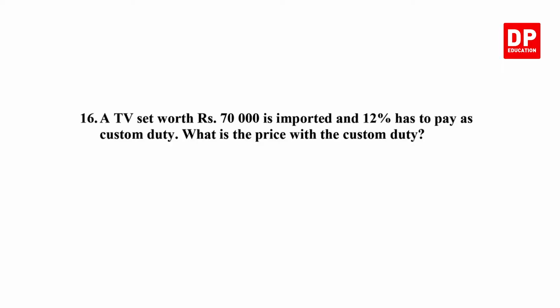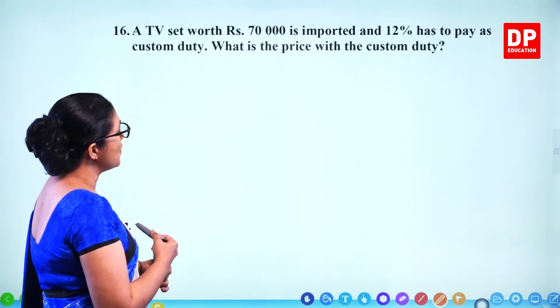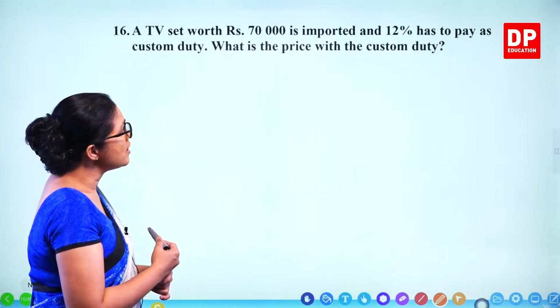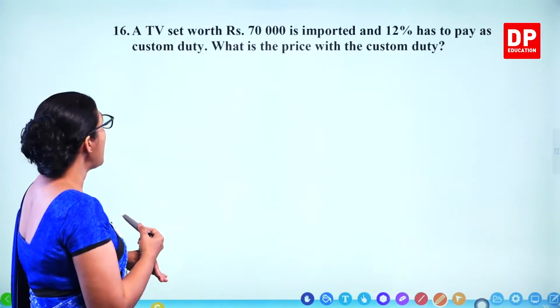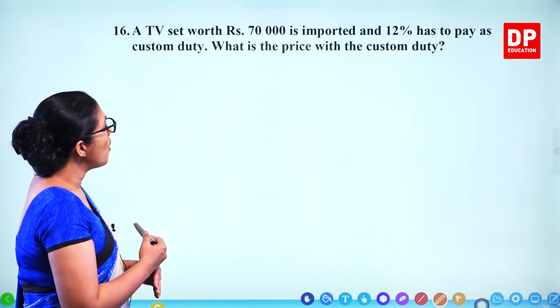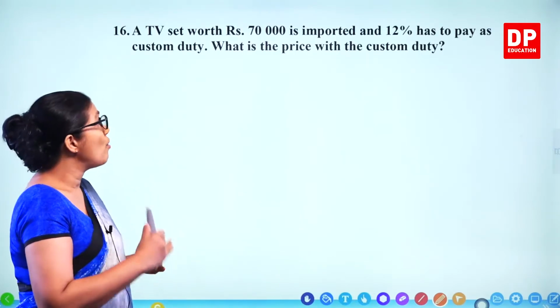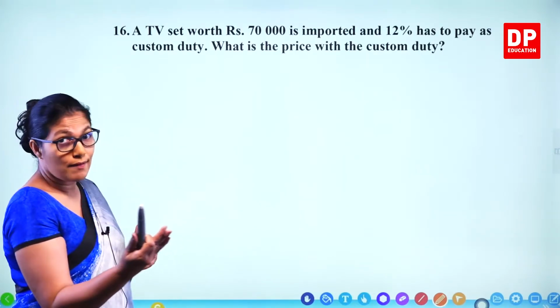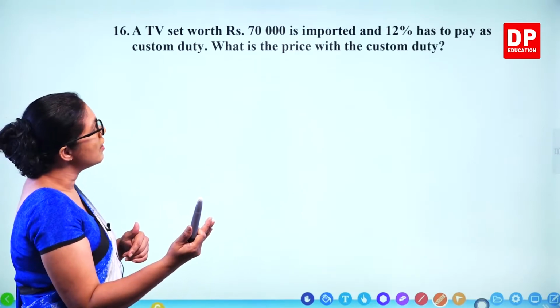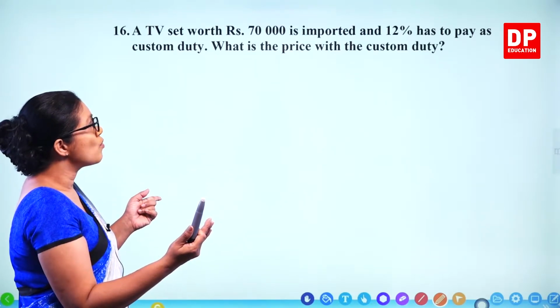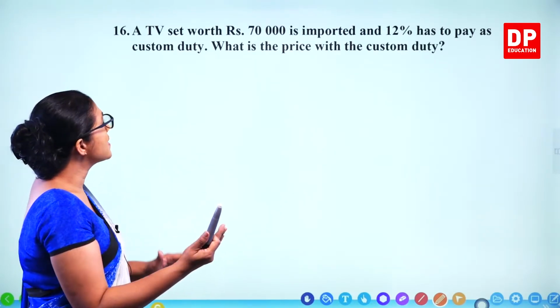Question number 16. A TV set worth 70,000 rupees is imported and 12% has to be paid as custom duty. What is the price with the custom duty? If you buy for 100, you have to pay 12 rupees extra. So if you buy for 70,000, what is the new price?